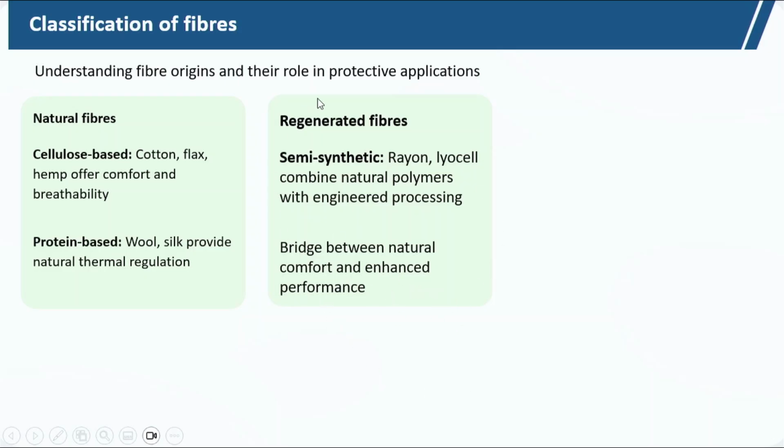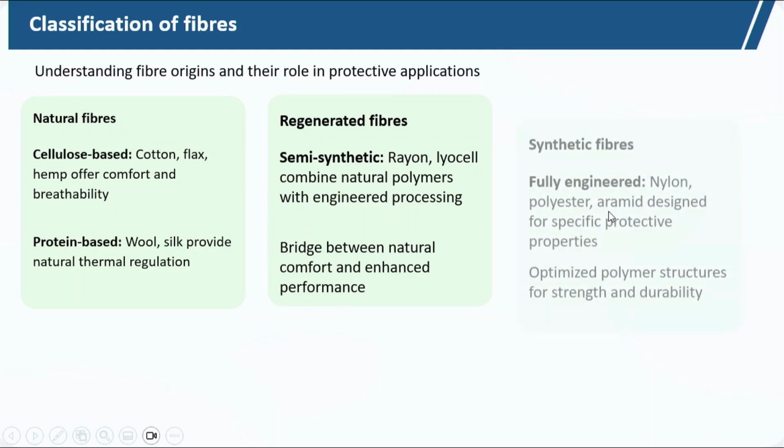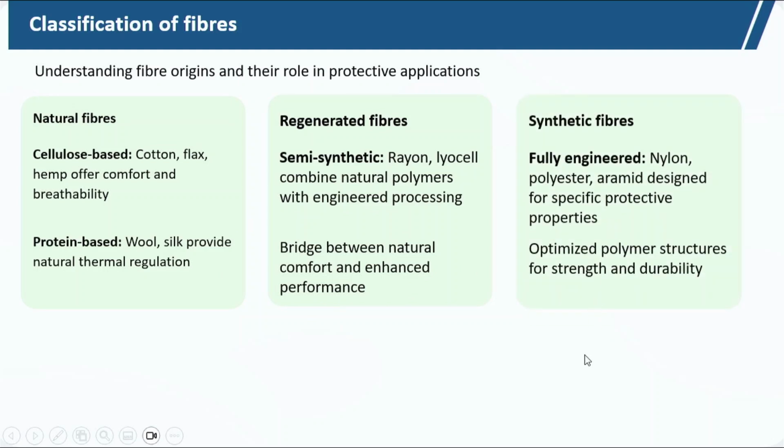These fibers are stronger than normal natural fibers, but at the same time they provide comfort also. And synthetic fibers are fully engineered fibers like nylon, polyester and aramid fibers. They are widely used for protective textiles.